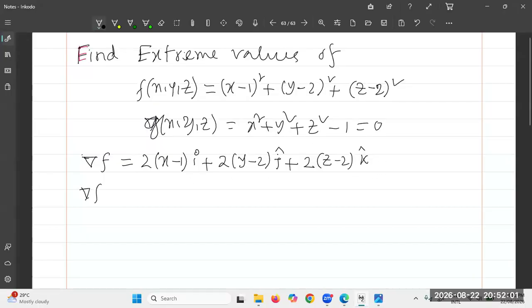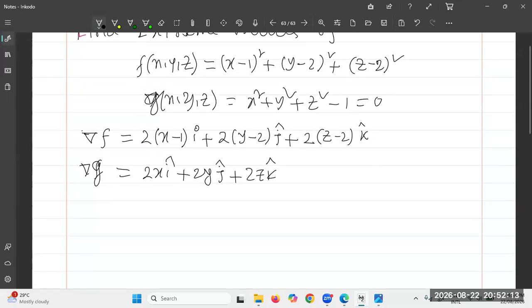And gradient of g is 2x i, 2y j, and 2z k. So at extreme values, our gradient of f must be equal to lambda times gradient of g.